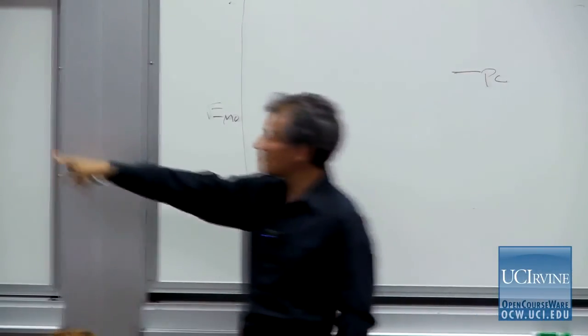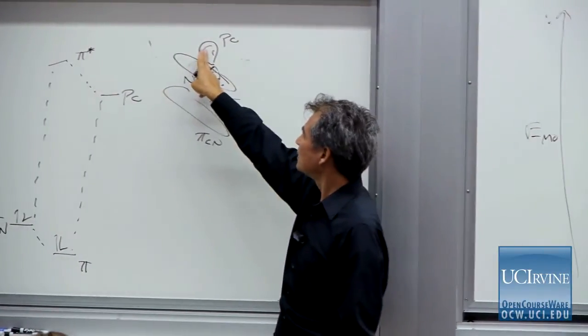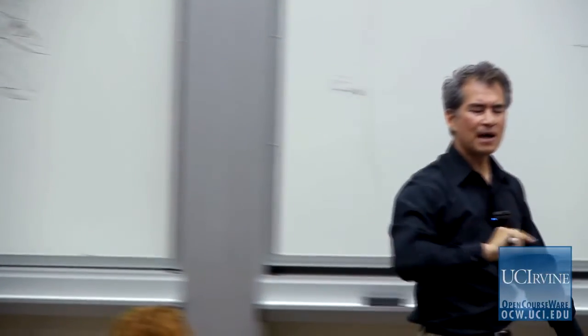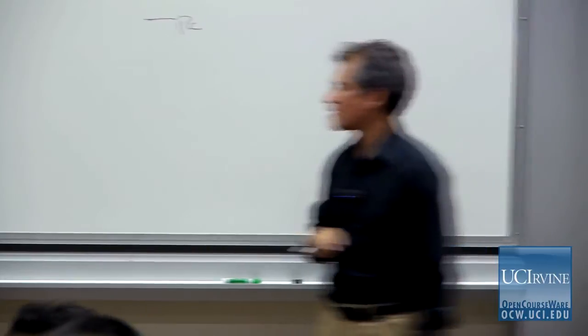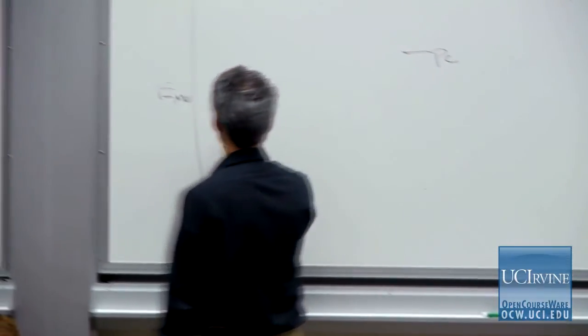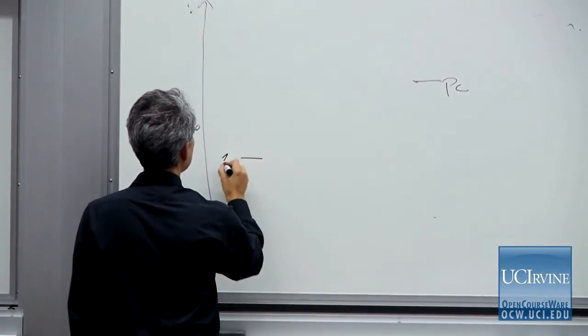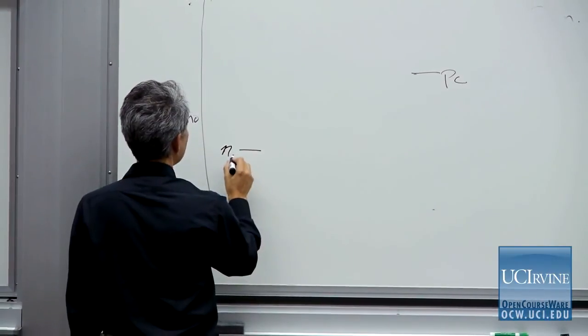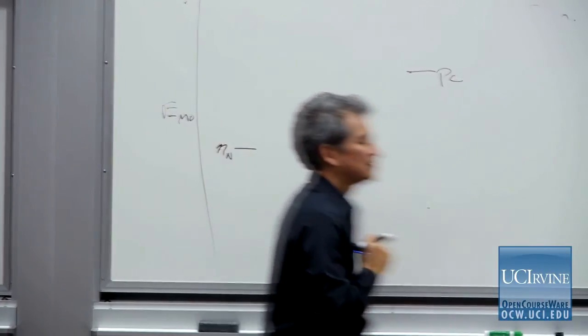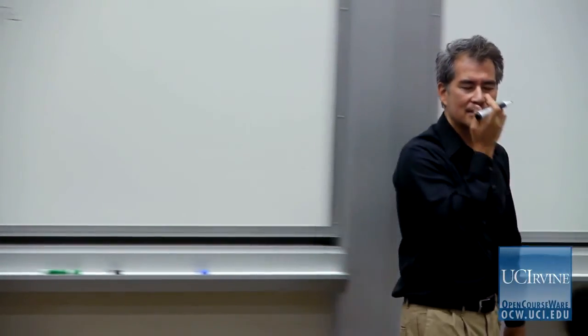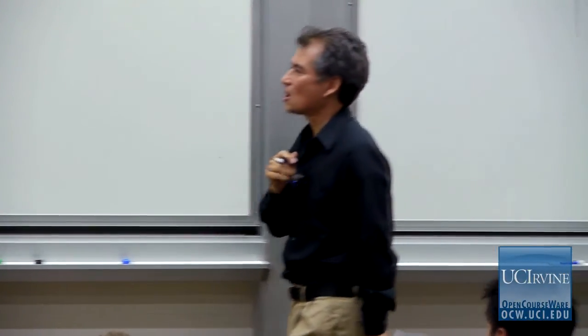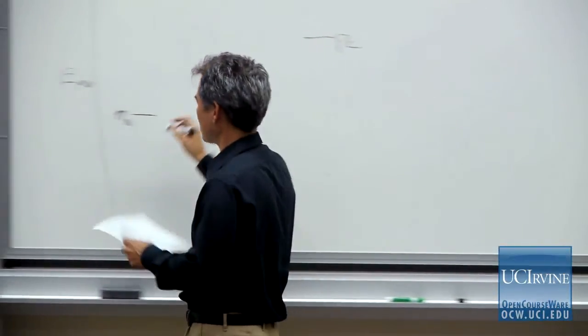But instead of thinking about the pi bond interacting with that orbital, I'm going to think about the lone pair on nitrogen interacting. And what I immediately need to think about is that non-bonding lone pairs on nitrogen, sp2 hybridized non-bonding lone pairs, are higher in energy than pi orbitals.